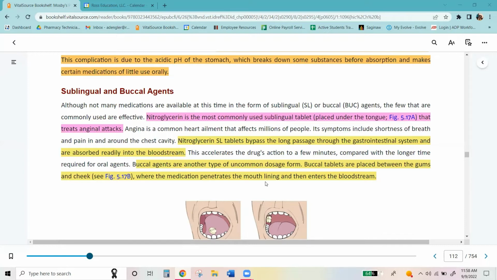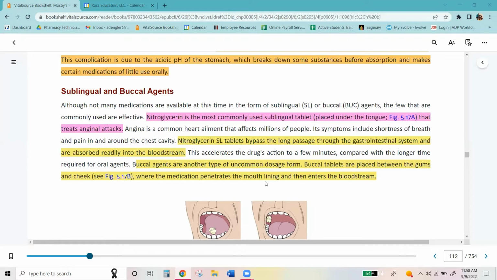Its symptoms include shortness of breath and pain in and around the chest cavity. Nitroglycerin tablets bypass the long passage through the GI system and are absorbed readily into the bloodstream. This accelerates the drug action to a few minutes, which is great compared to the longer time if we took it orally.